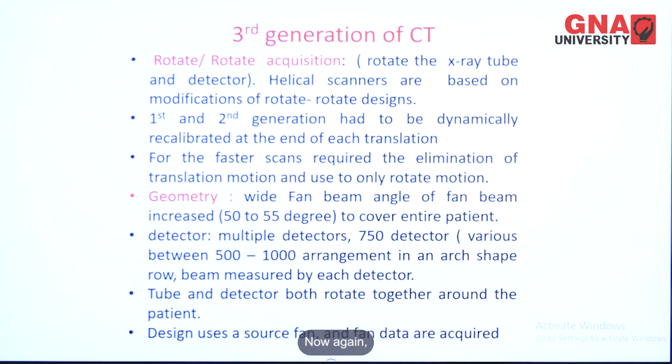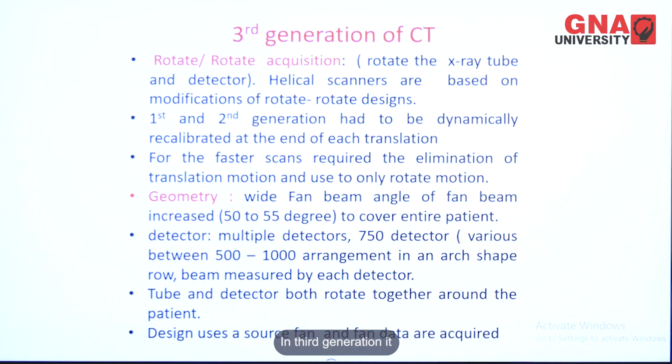Now again, if we increase the angulation of the radiation, then more area of the anatomy will be covered within a single rotation. That eventually will reduce our scan time. Here, if we talk about the number of detectors, in second generation, the number of detectors that we used was about 30.